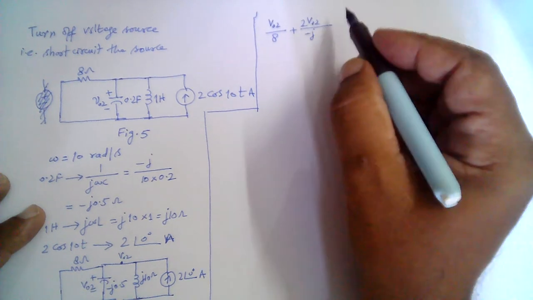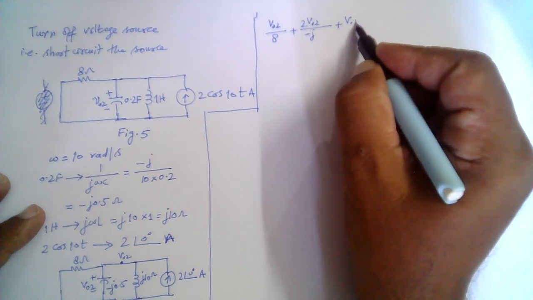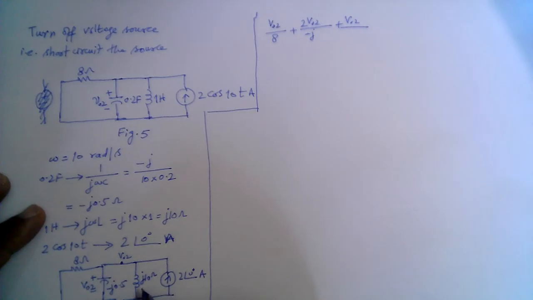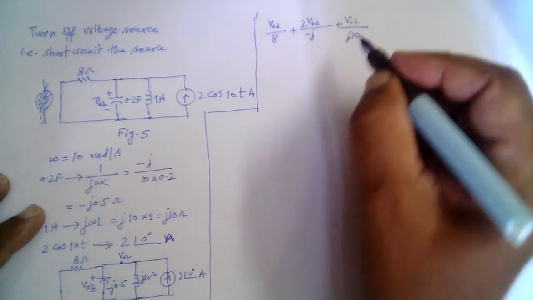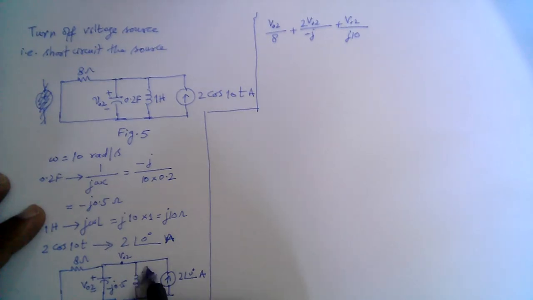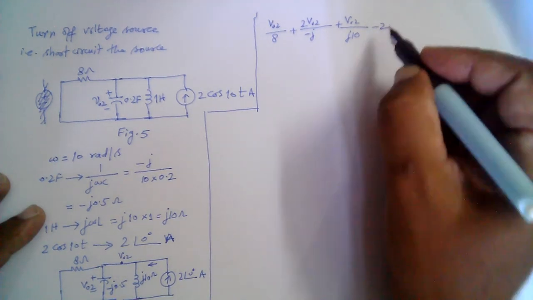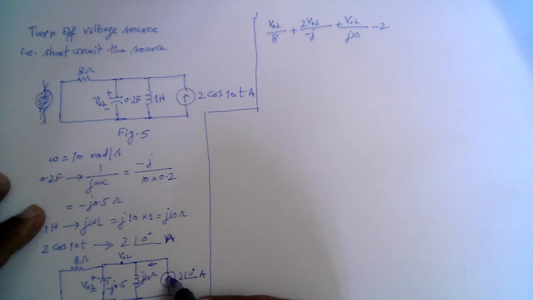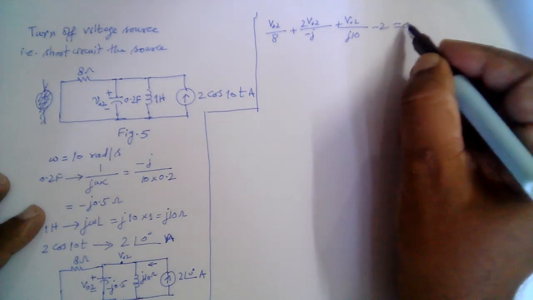And then plus V02 divided by j10, right? And the current leaving the node is given by the minus 2 here, because the direction of this current is in this way. So if we say that current leaving the node, we take the current opposite to the one given here. So this will be minus 2. We do not do any division here because the current is already given in this branch, which is this source, right? So this is equal to 0.